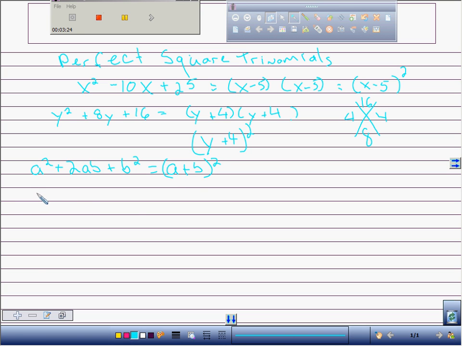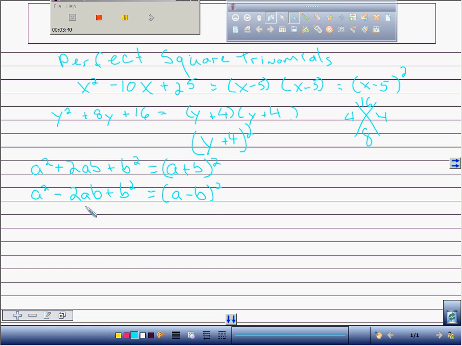And you have another formula that says a squared minus 2ab plus b squared is equal to a minus b squared.